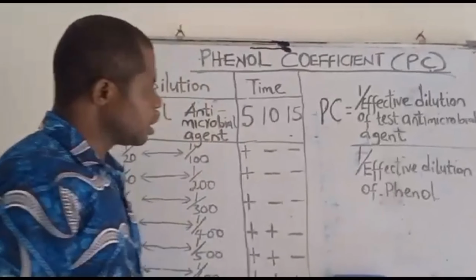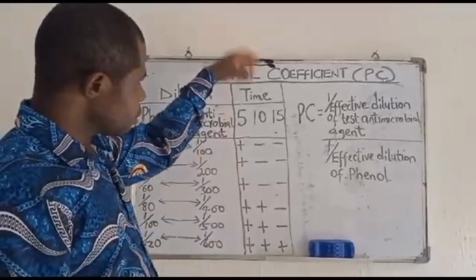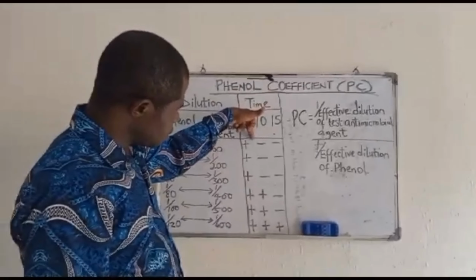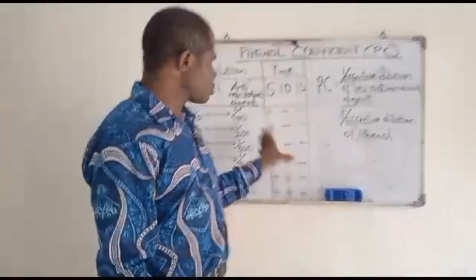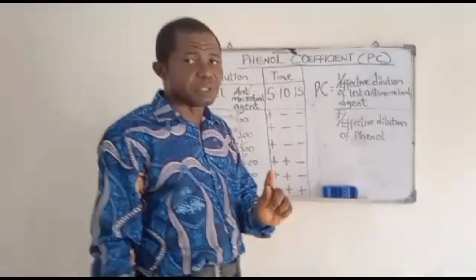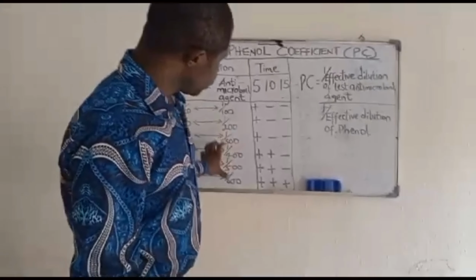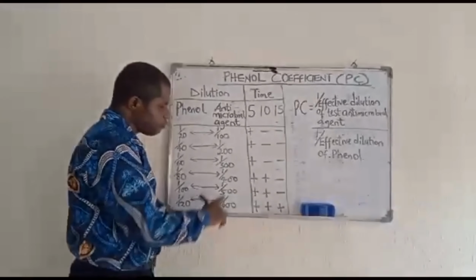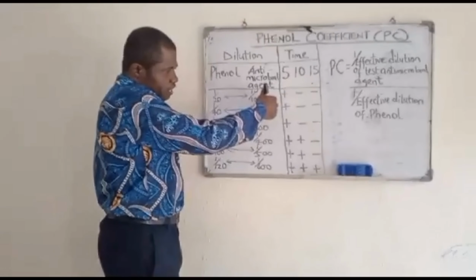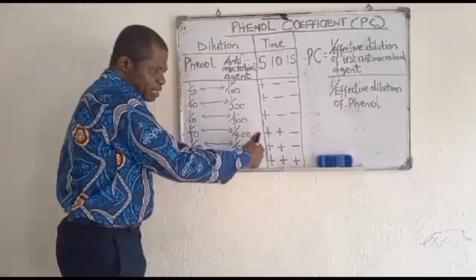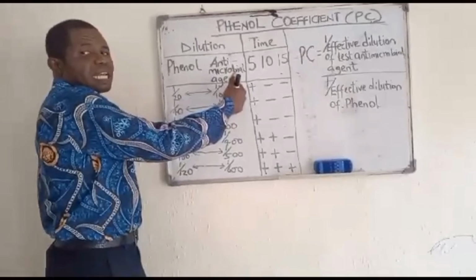So, as I said initially, 10 minutes is the standard time of evaluation out of these 5 and 15. The 10 minutes is our standard time. Also, when looking at this again, we also check for the highest dilution. You see, here dilution is increasing as we move downwards, but as we move upward, there is a decrease in dilution.